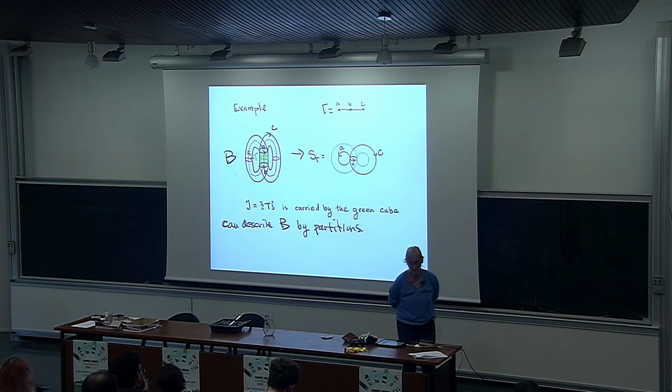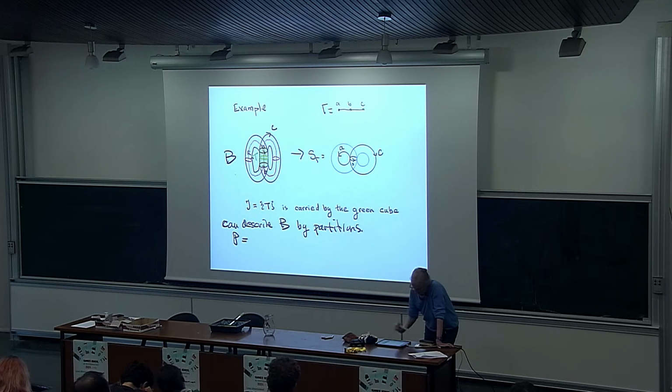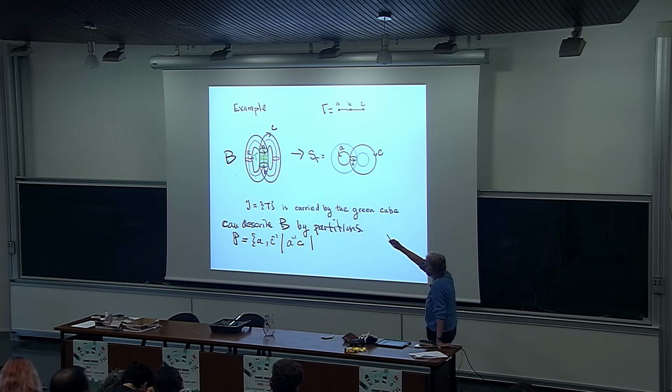The partitions, instead of just having 2 pieces, will have 3 pieces. In this case, I only have 1 partition. It corresponds to the green hyperplane T. It has the front of A and the back of C, and on the other end, it's got the back of A and the front of C. But notice the front and back of B are on the bottom and top of that cylinder there.